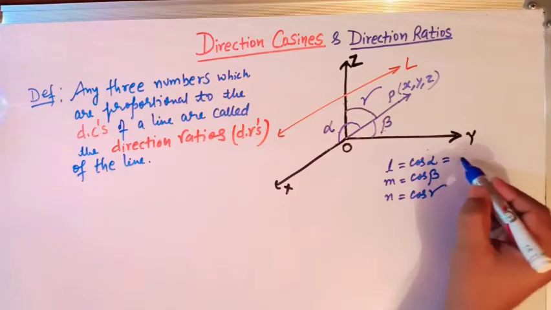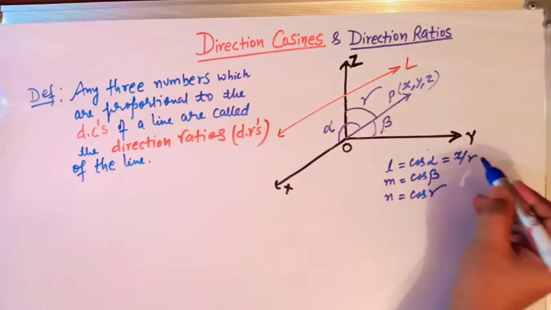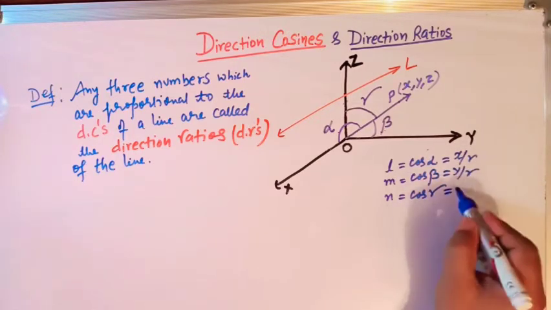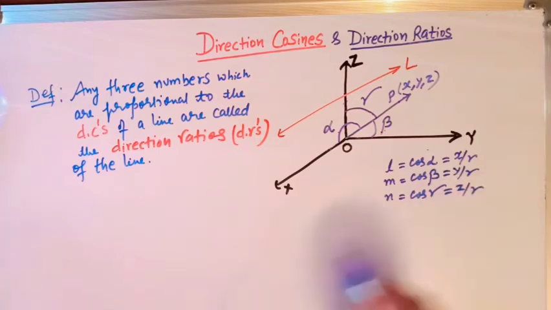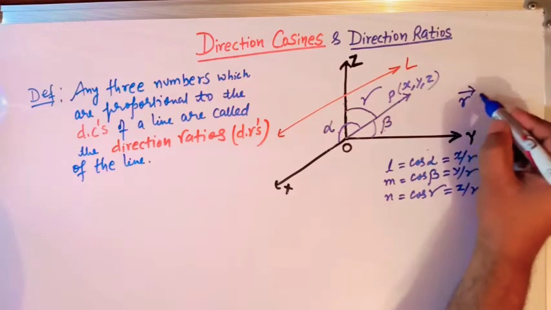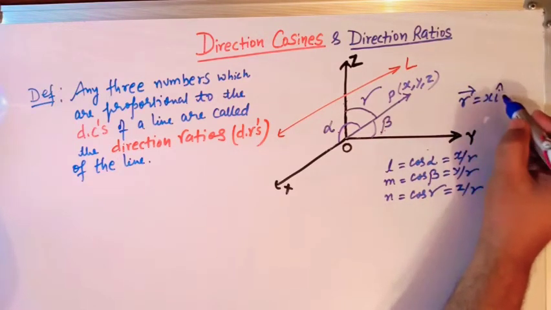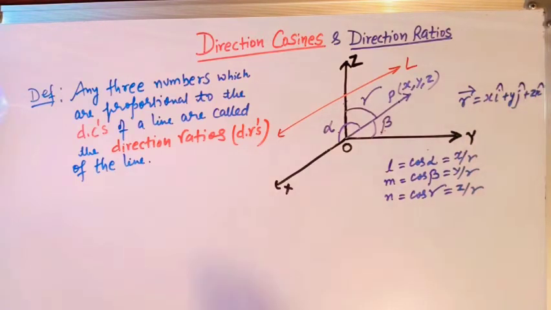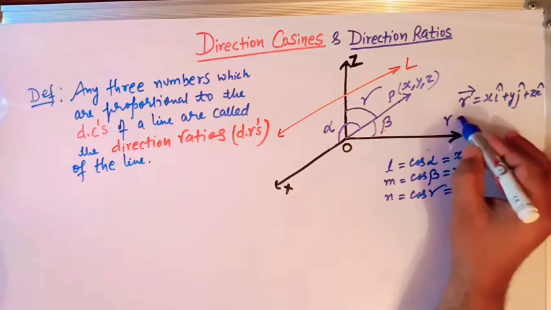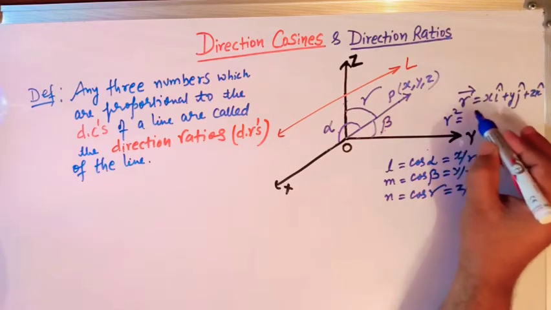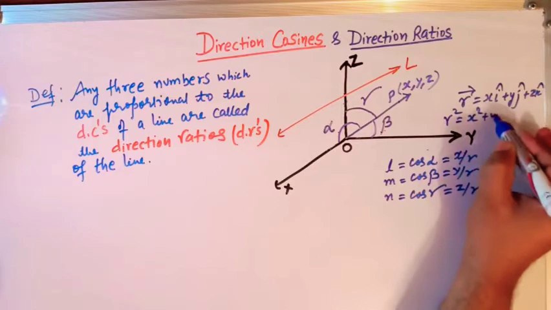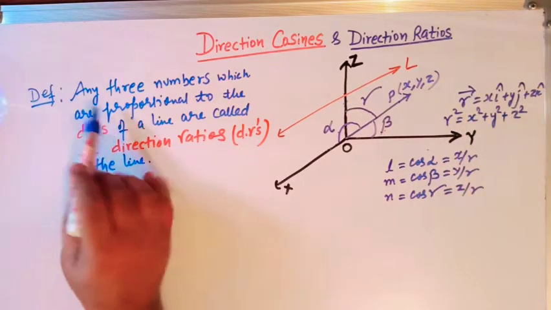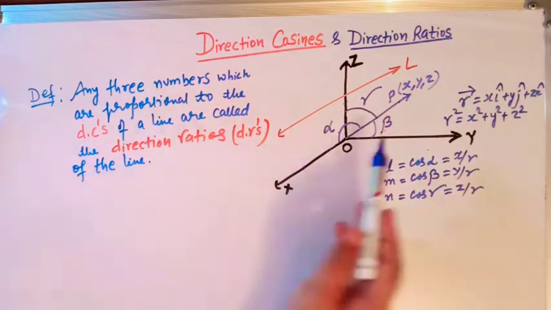And moreover, L is equal to x over r, M is equal to y over r, and N is equal to z over r, where r vector is xi plus yj plus zk, right? And r square is x square plus y square plus z square, right? Okay, so what are direction ratios of a line?